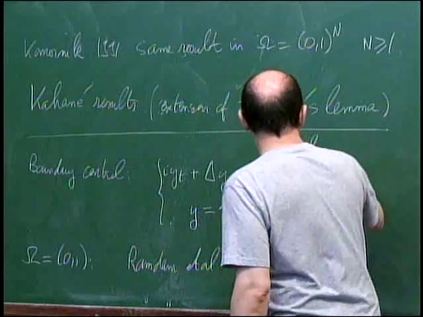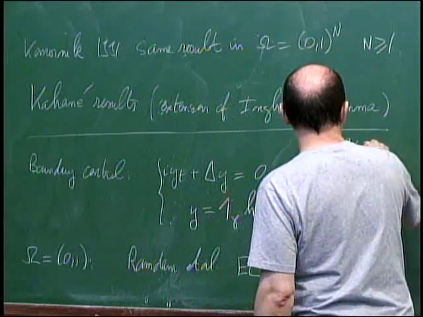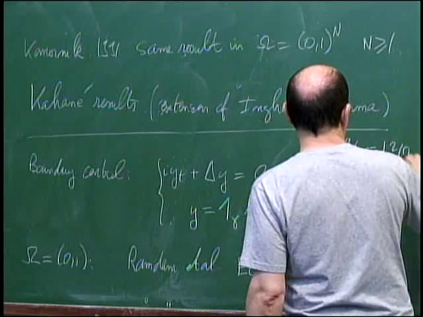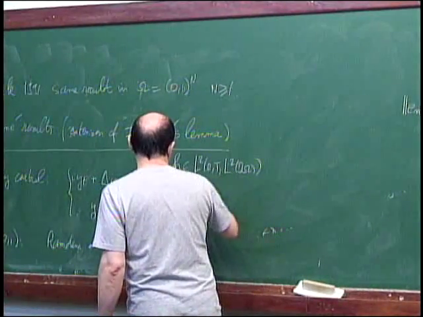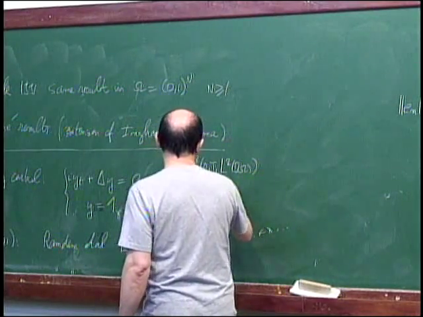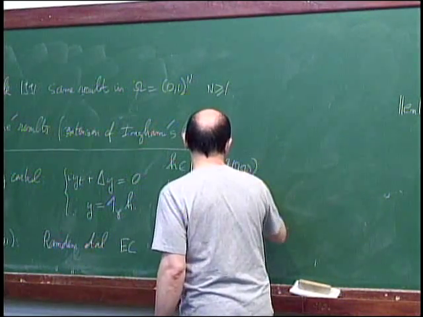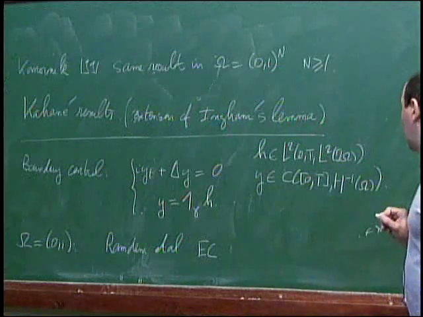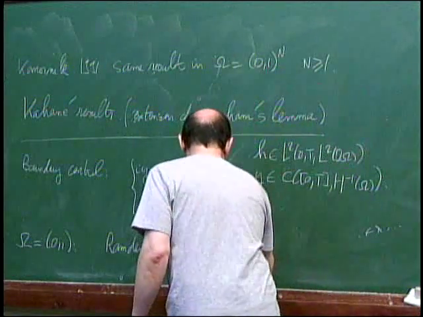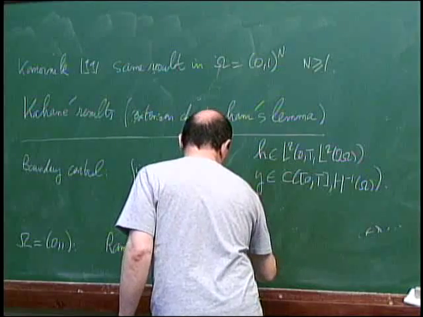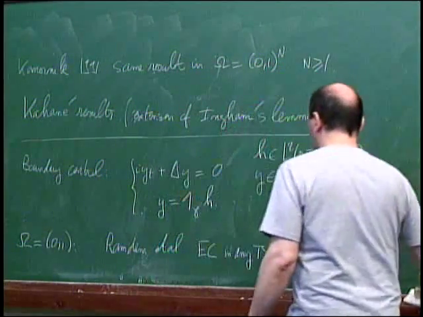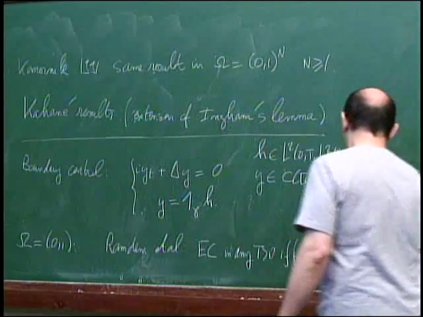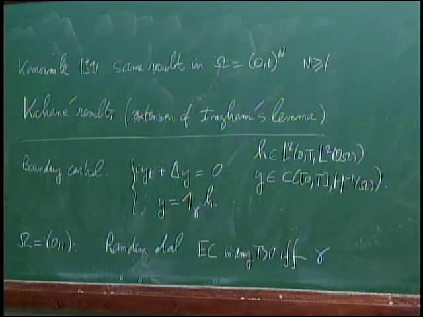So still the control is in L2, and the state is continuous in time with value in H^{-1}. Okay? So you have exact controllability in any positive time if and only if your control region, gamma, has to have a horizontal part and some vertical part.